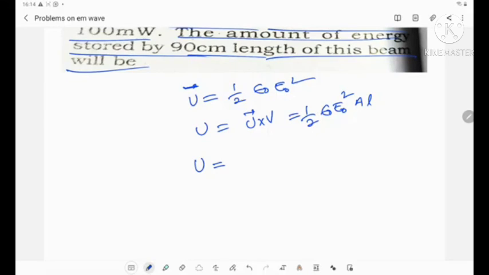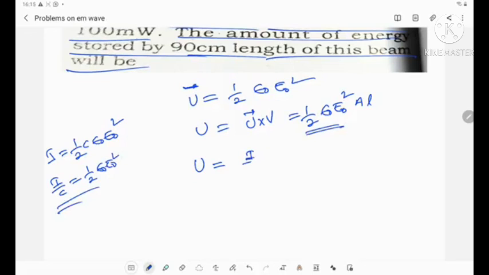But here intensity I is equal to 1 by 2 C epsilon naught E naught square. From this I by C is equal to 1 by 2 epsilon naught E naught square. See, 1 by 2 epsilon naught E naught square is equal to I by C into A into L. But intensity is equal to power by area. P by AC into AL. A, A gets cancelled.